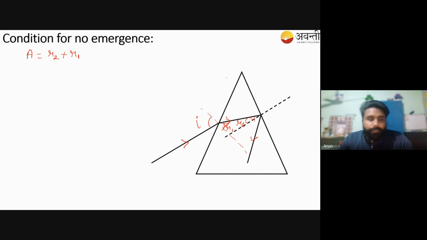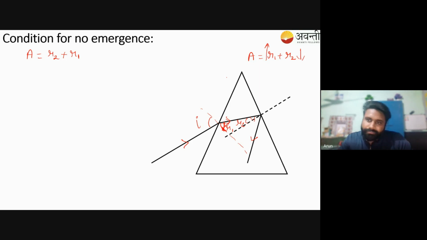Okay, so no problem. So what I'm talking about, this R1, is somehow dependent on this R2, because this is the formula that we have: A is equal to R1 plus R2. This A is constant. If you increase the value of R1, there would be a reduction in R2.